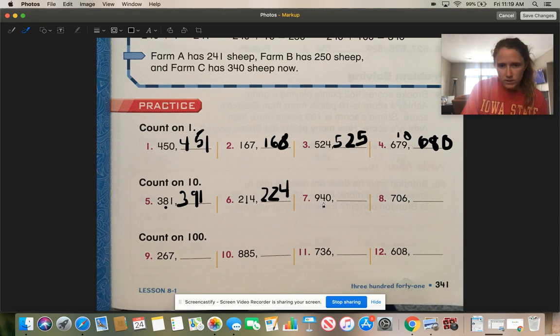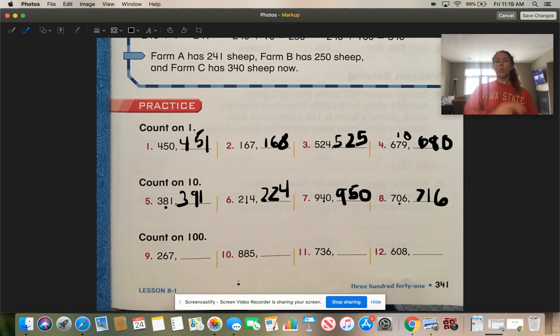And then let's look at the tens place here. 940 would become 950. And then 706, there's a 0 there, would be 1. So 716. Okay, now let's go on.